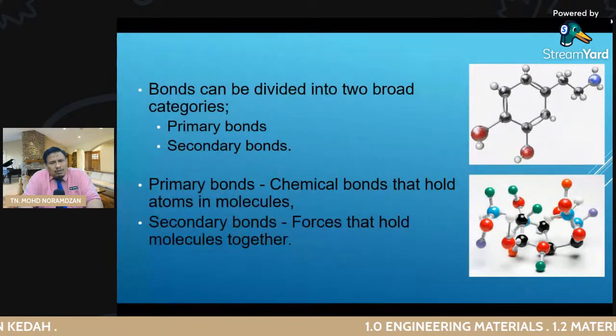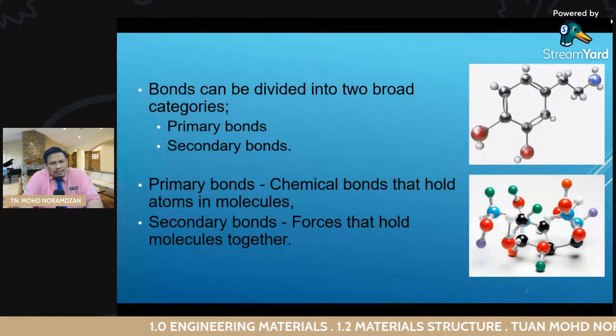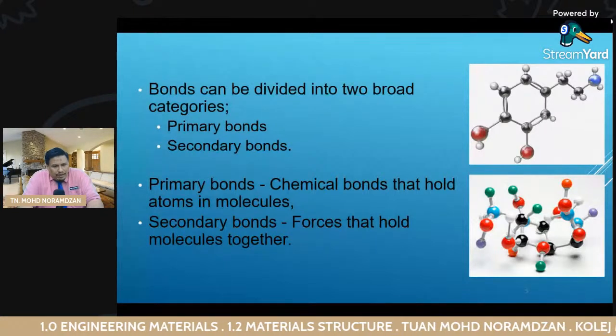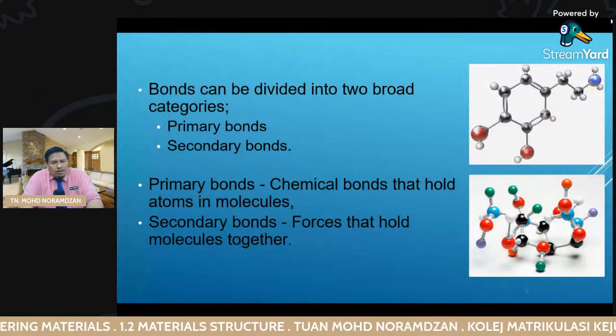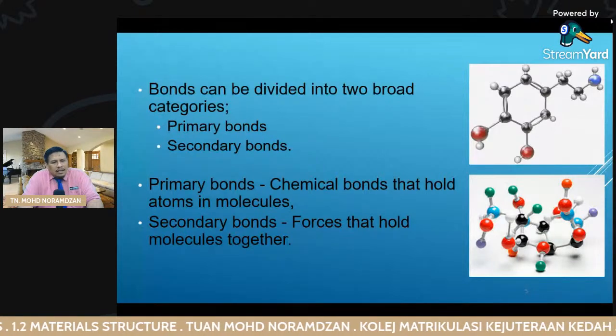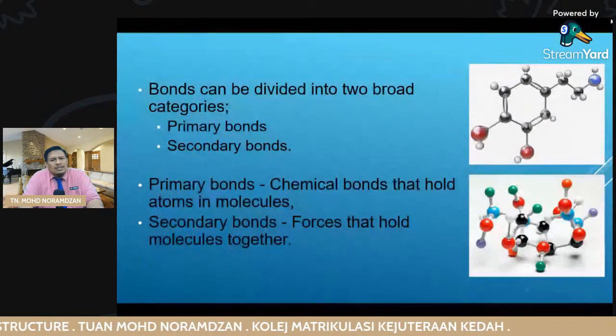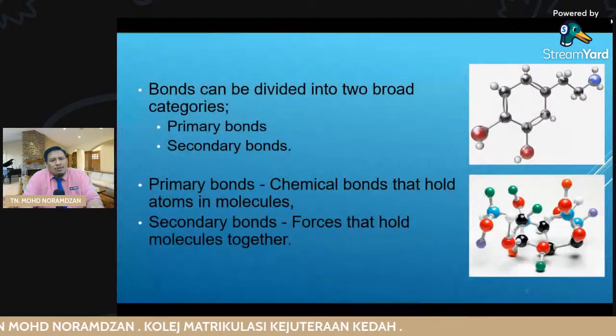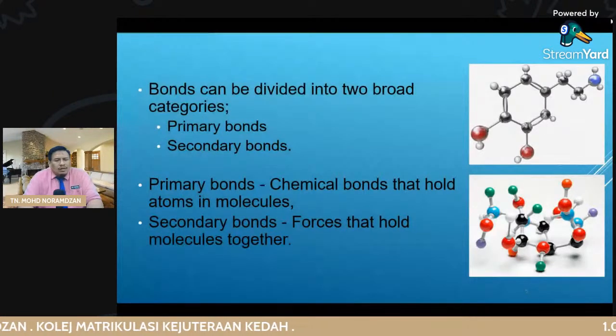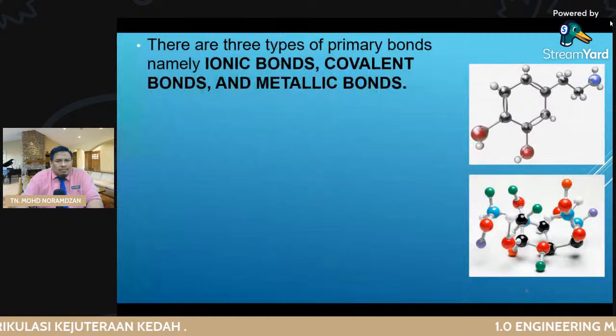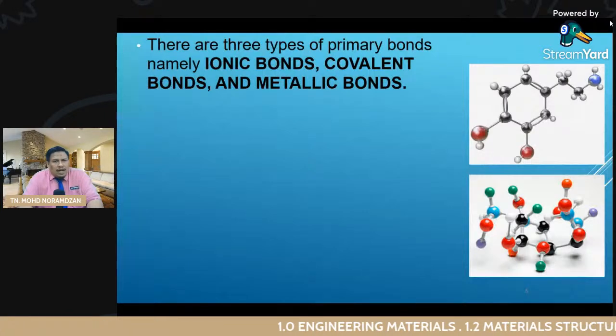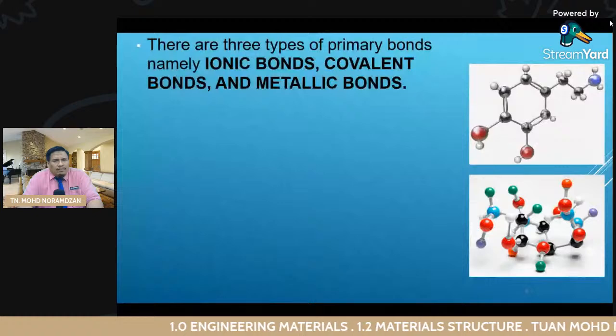So you must make sure you know primary and secondary bond. Primary bond, chemical bond that holds atoms in a molecule. Secondary bond, forces that hold molecules together. So, okay, next slide. There are three types of primary bond: ionic bond, covalent bond, and metallic bond.